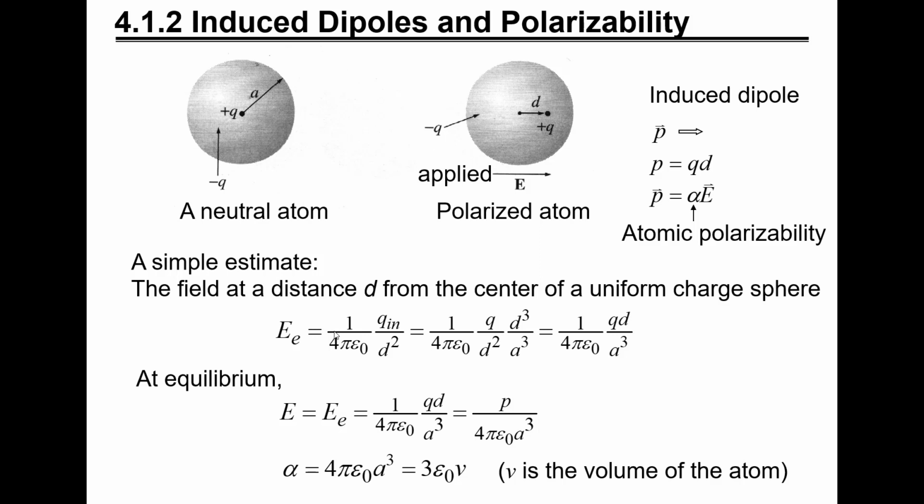This happens when we expose the neutral atom, or place it, in a region of electric field. Now, if the field is large, it can pull the atom apart completely. So the atom will be ionized and it becomes a conductor. That is if the electric field is very large.